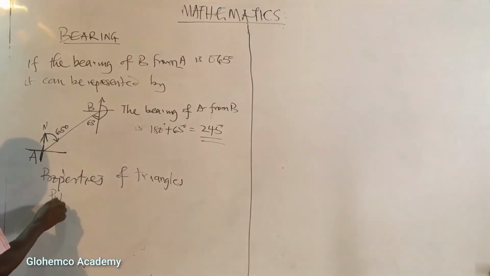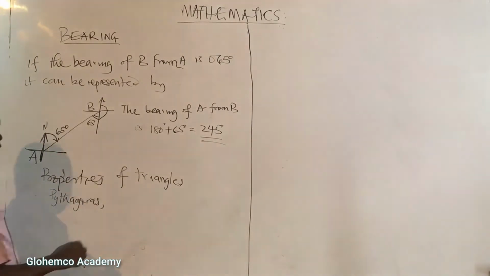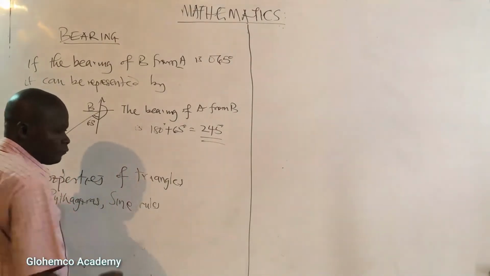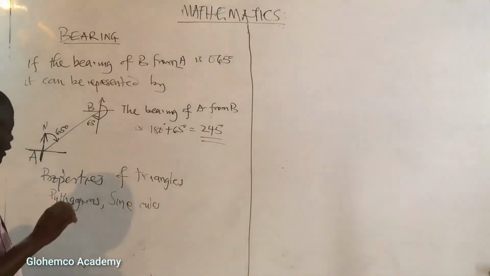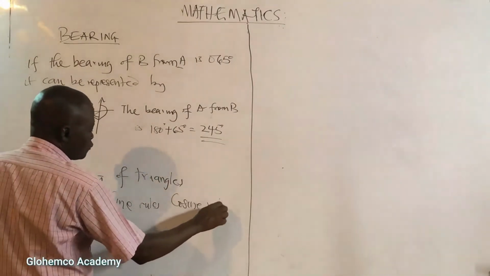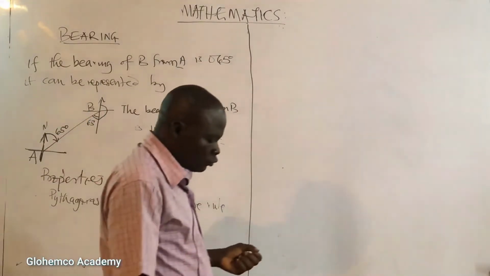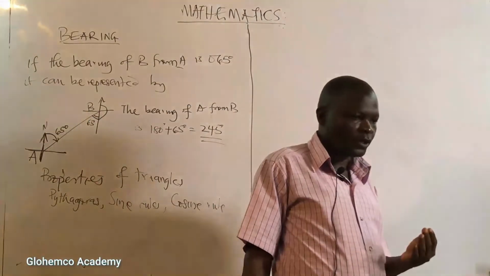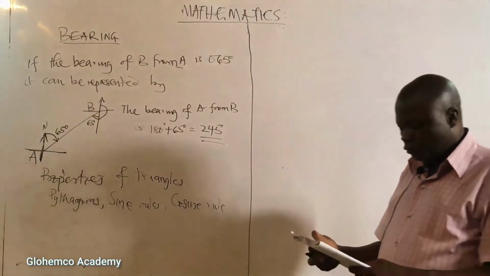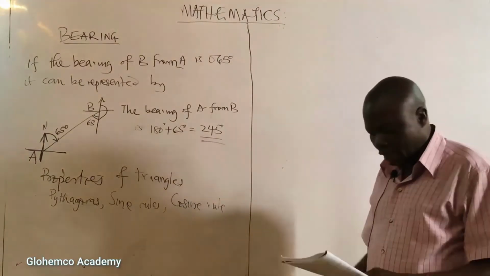We use Pythagoras to solve problems in bearing. We use sine rules to solve problems under bearing. We can also use cosine rule to solve some problems under bearing. I want to talk briefly on the Pythagoras theorem, sine rule and cosine rule. Then you see how to apply these when you get to a particular problem under bearing.